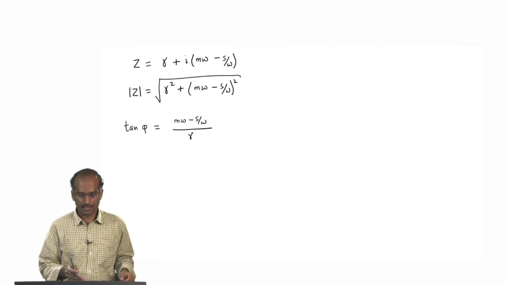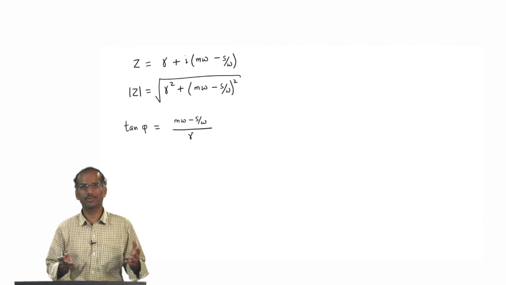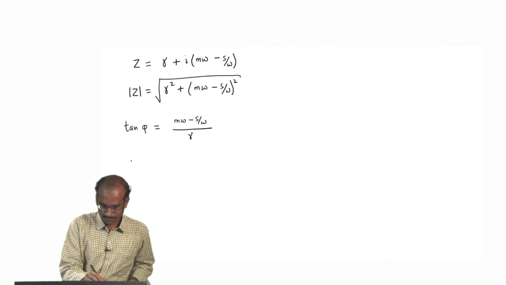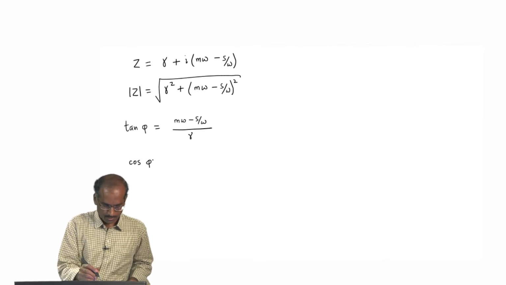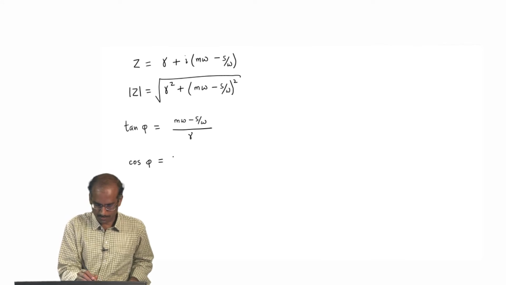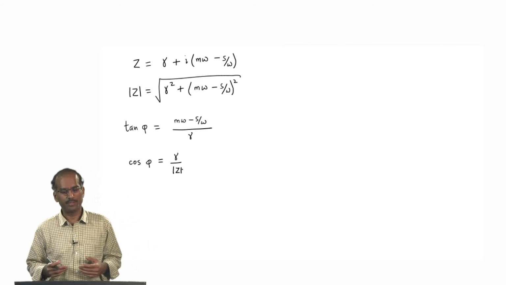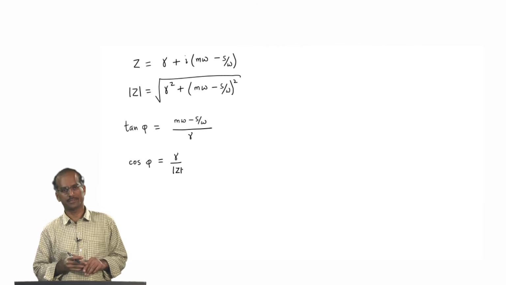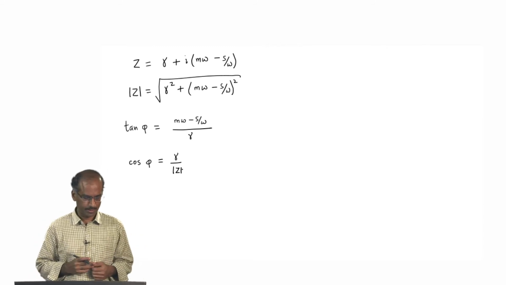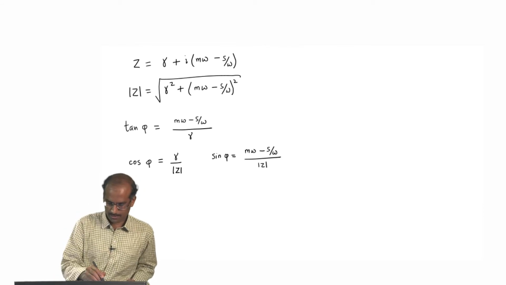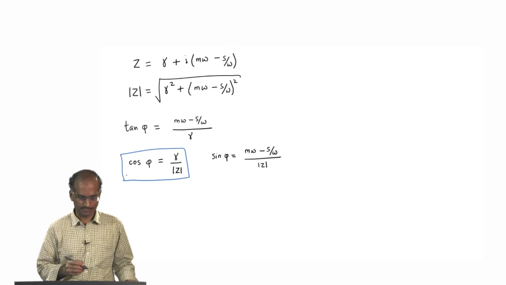So, if this is tan phi, we could also write expressions for cos phi and sin phi, in which case cos phi would be equal to gamma by mod z, and of course, sin phi would be equal to m omega minus s by omega whole thing divided by mod z. What we really need is an expression for cos phi.